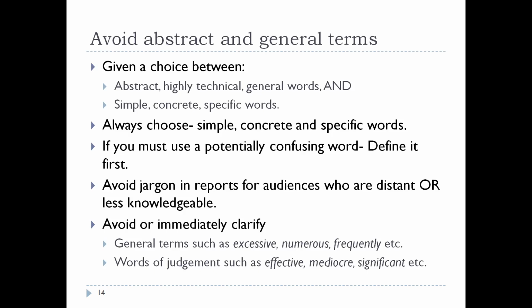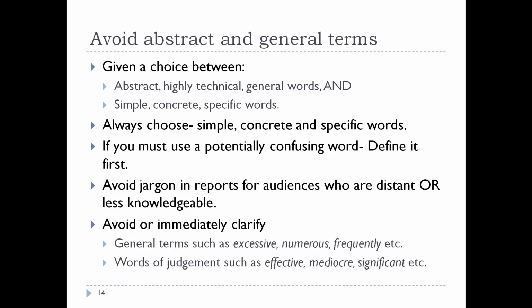Then there are words of judgment such as it is effective, or it is significant, or this thing is mediocre. These are also not very clear. These are also abstract. They do not convey any specific meaning. So you should try to be more specific.